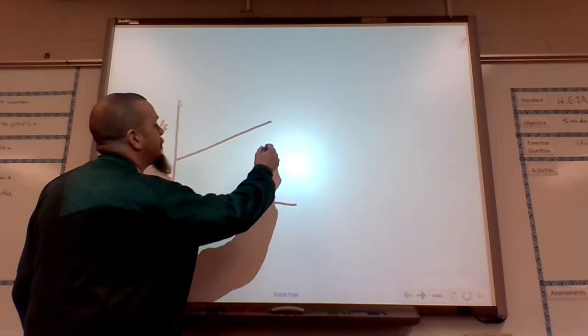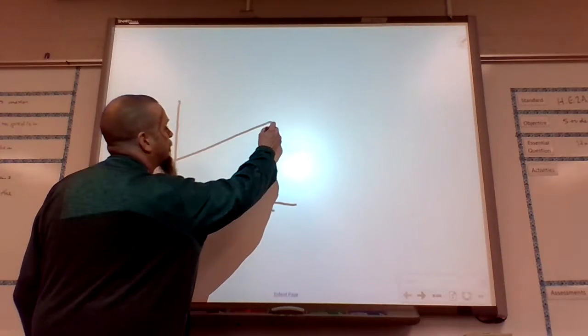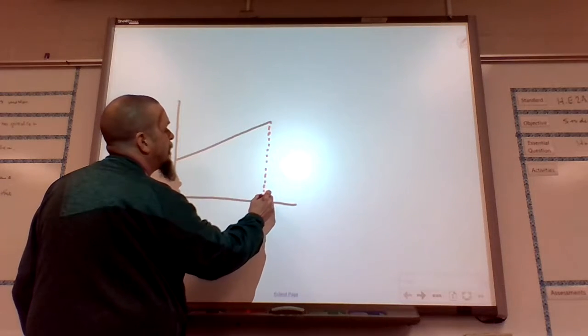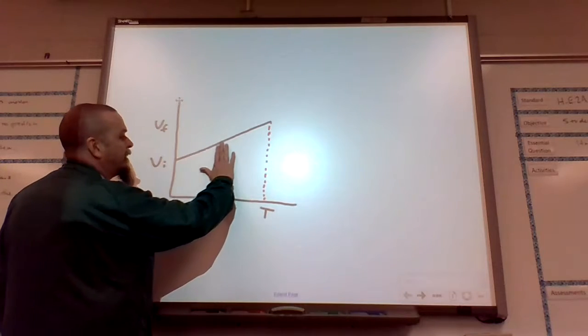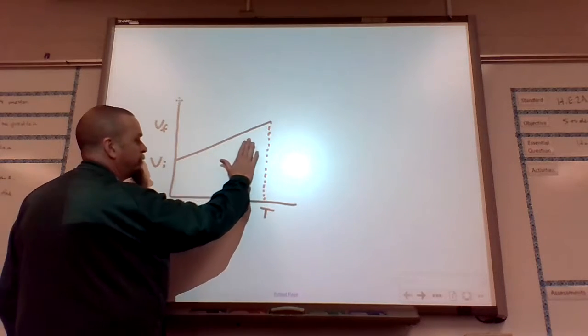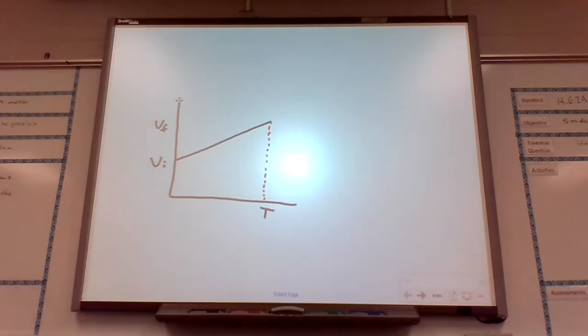On a velocity time graph, displacement, or delta x, is equal to the area under the line. So if we calculate that area, it is going to be equal to the displacement, or delta x, for our object.